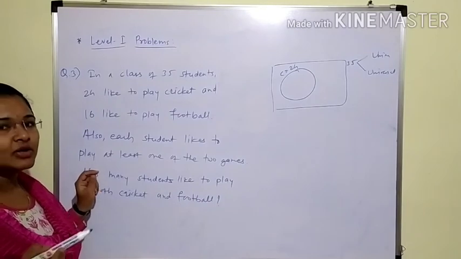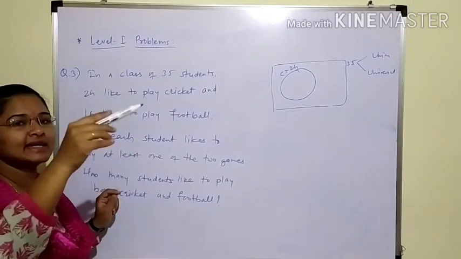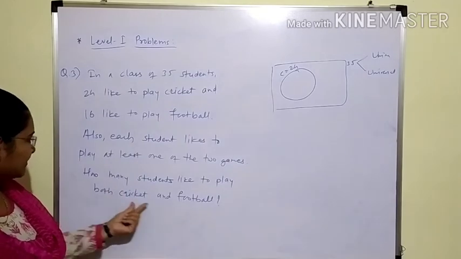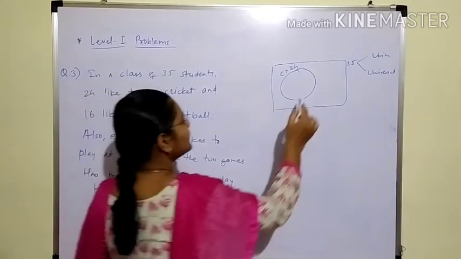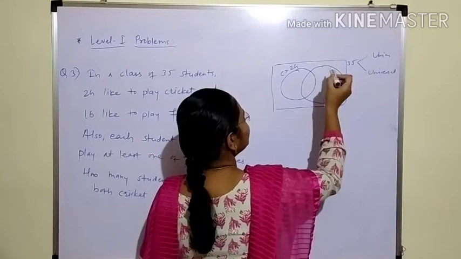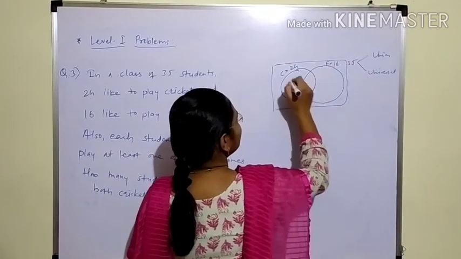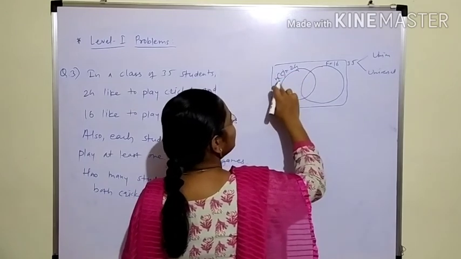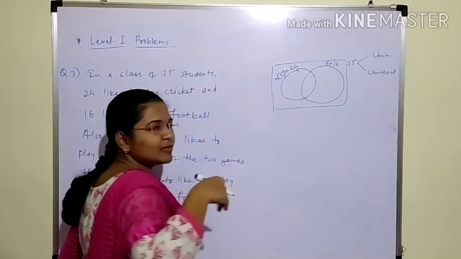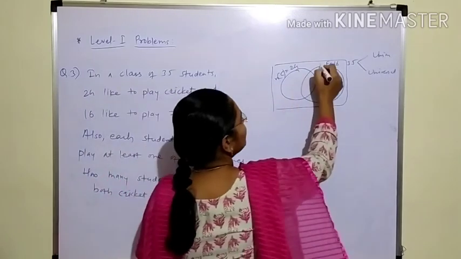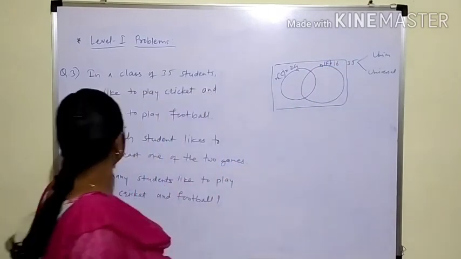Now we'll decide whether to draw the diagram with intersecting circles or not, because in the next question it is given, so obviously in the intersection elements are there. Number of elements in the cricket set, that is the number of students who like to play cricket, is 24, and for football it is 16.